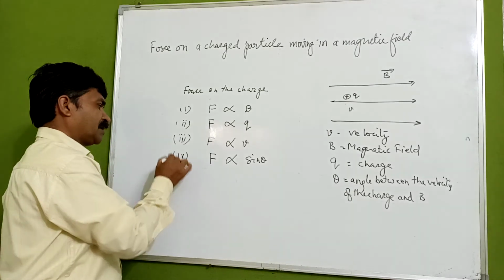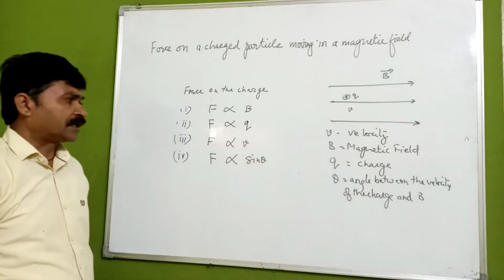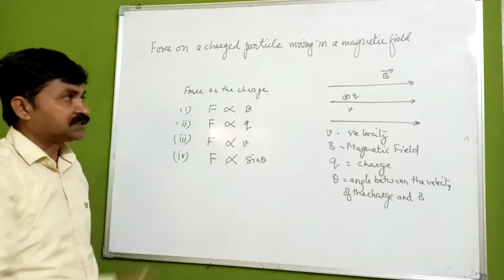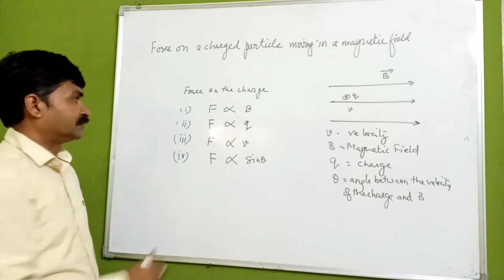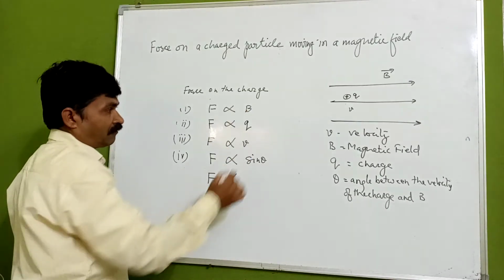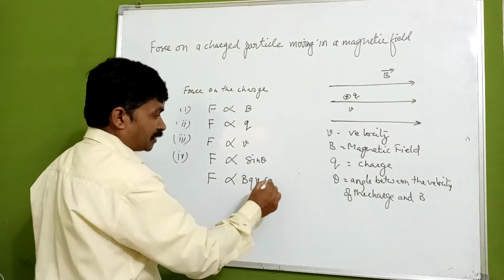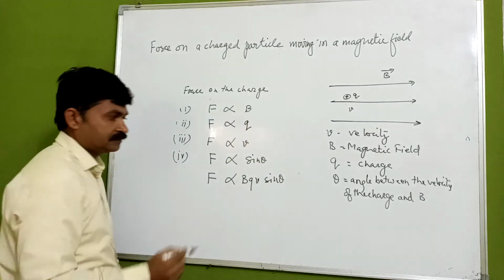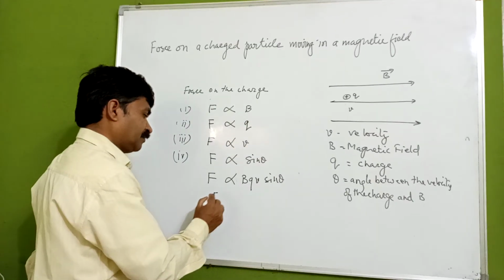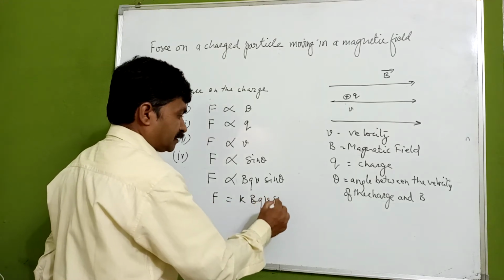Fourth, force is directly proportional to sine theta, the angle which the velocity and the magnetic field make. If we combine all these, we get BQV sine theta. You can remove the proportionality by a constant.